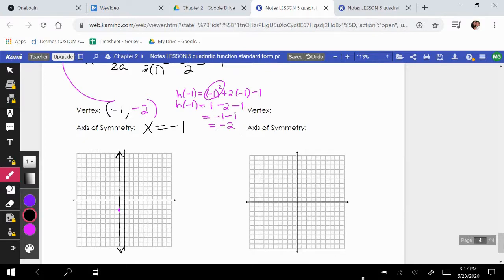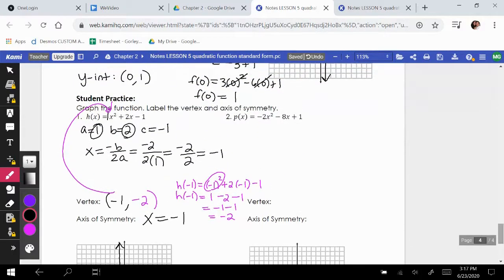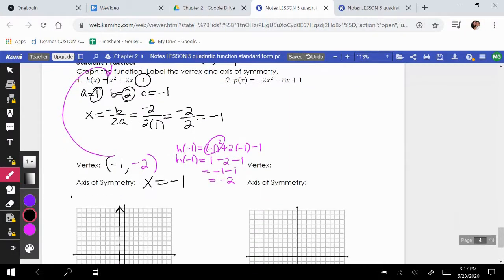And then how am I going to find the width of my graph? What do I still need? I still need the y-intercept. Remember, the y-intercept is just the c value, (0, -1). Another way to find the y-intercept is to plug in 0 for x, right? If I plug in 0 here, that term would go to 0. If I plug in 0 there, that term would go to 0. And all I'll be left with is -1.